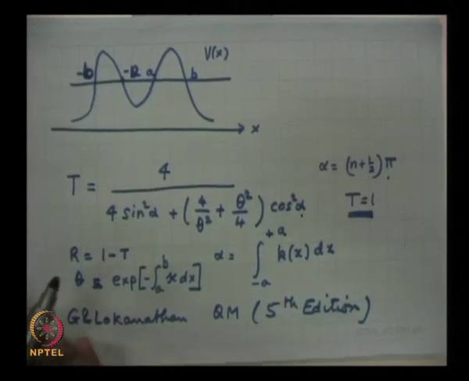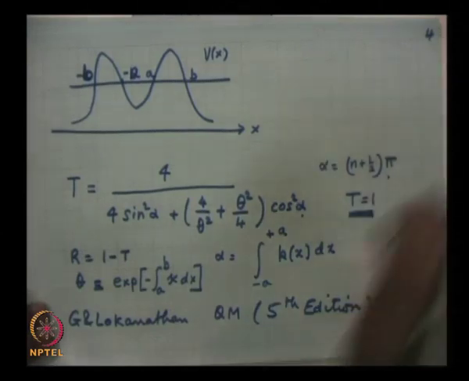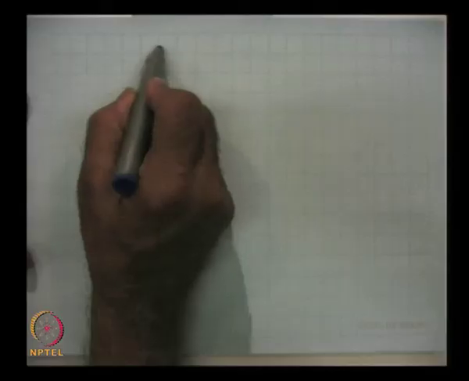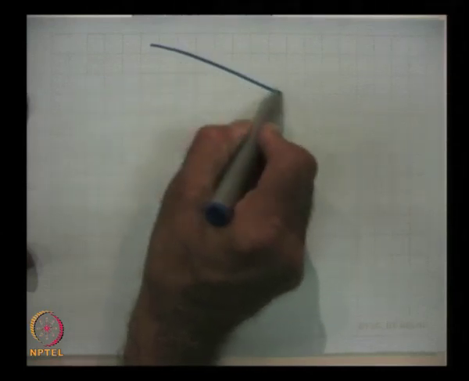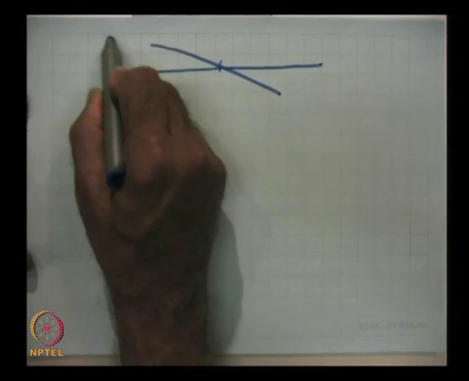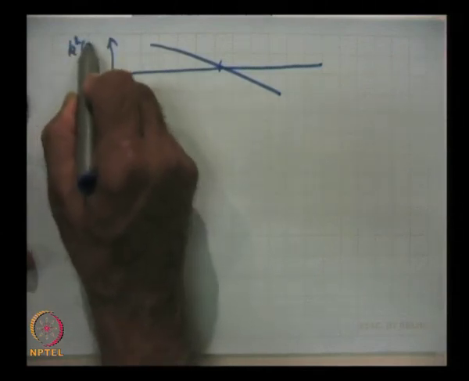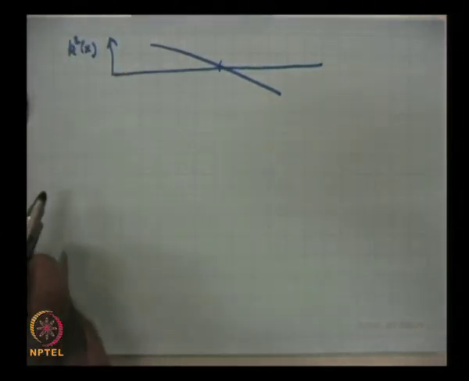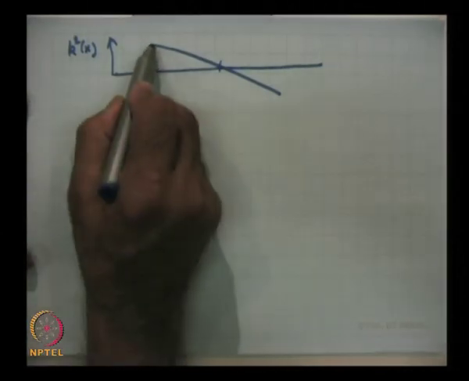Now, we then go over to calculating, justifying the connection formulae. For example, if you have a k square of x variation like this, this is the k square of x variation, and you have a 0.